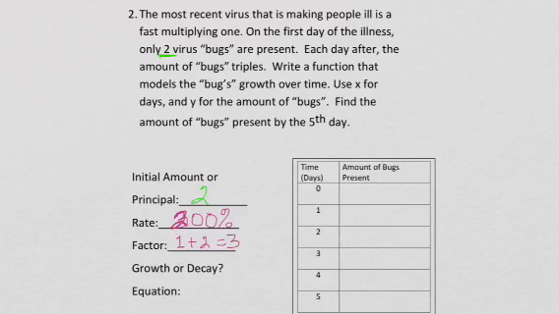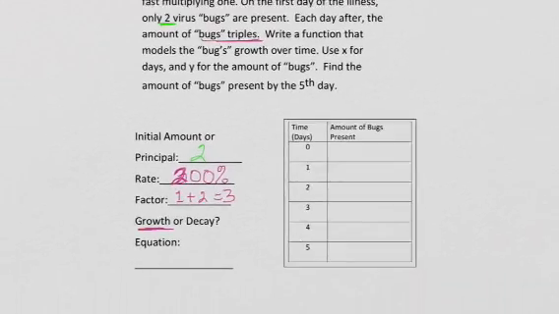So you know that this is growth because it's increasing. Each day after, the bugs triple, so that's 3 times the amount, and it says to write a function that models that growth over time.